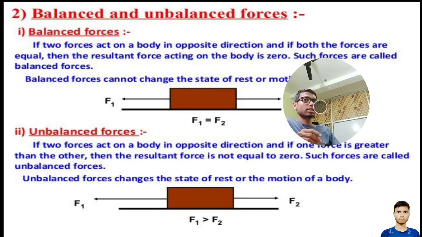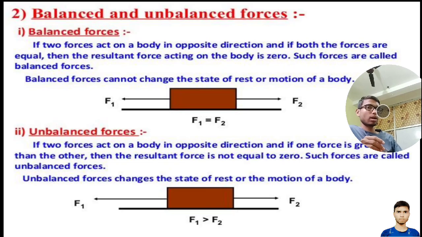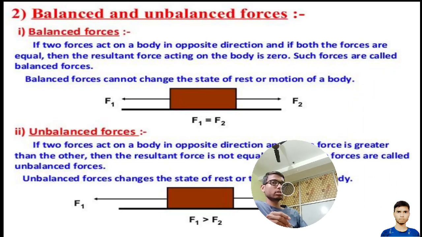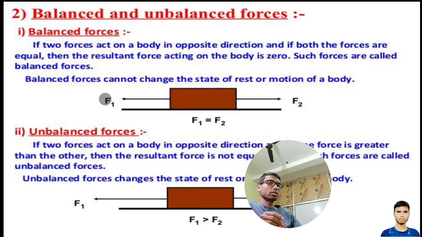Now next, balanced and unbalanced. Let's complete the meaning of balanced force. From the word balanced, you can say that whatever is the value on the left side, LHS, will be equal to RHS.